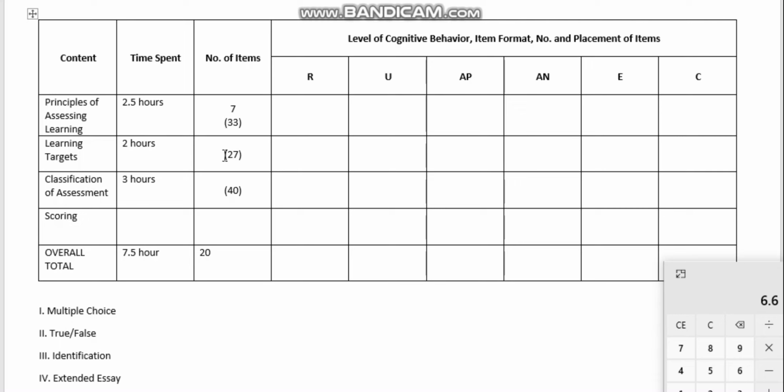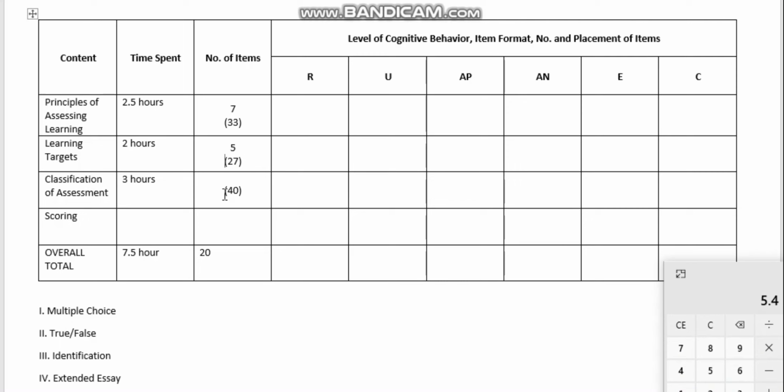For the second topic, we have 0.27 times 20, that is 5.4, so we round this down to 5.